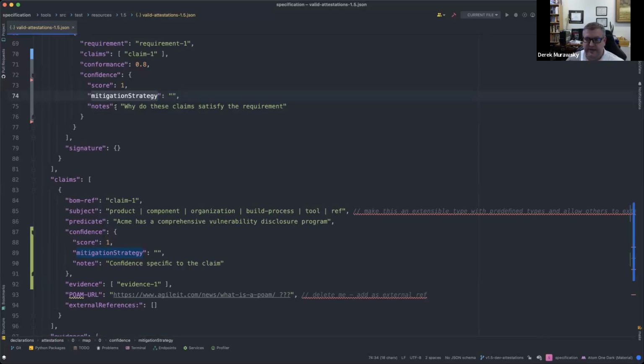But maybe they don't, and the auditor comes across contrary evidence, or contra evidence, and wants to supply that and say, no, you're actually not conformant, you're only 80%. And now we need to come up with a mitigation strategy to make sure that you do this. So I kind of think we do need to support it in both areas, but I'm absolutely seeing the confusion in doing that at the same time.